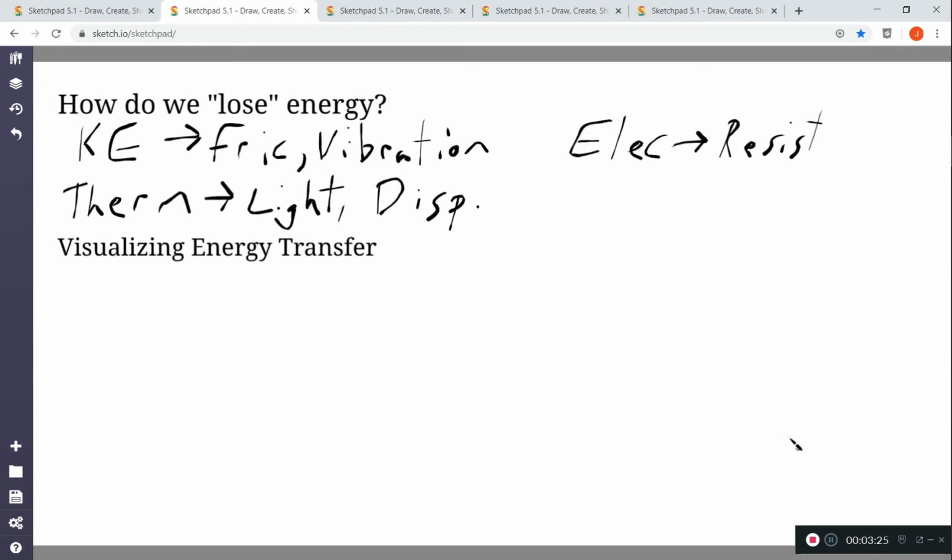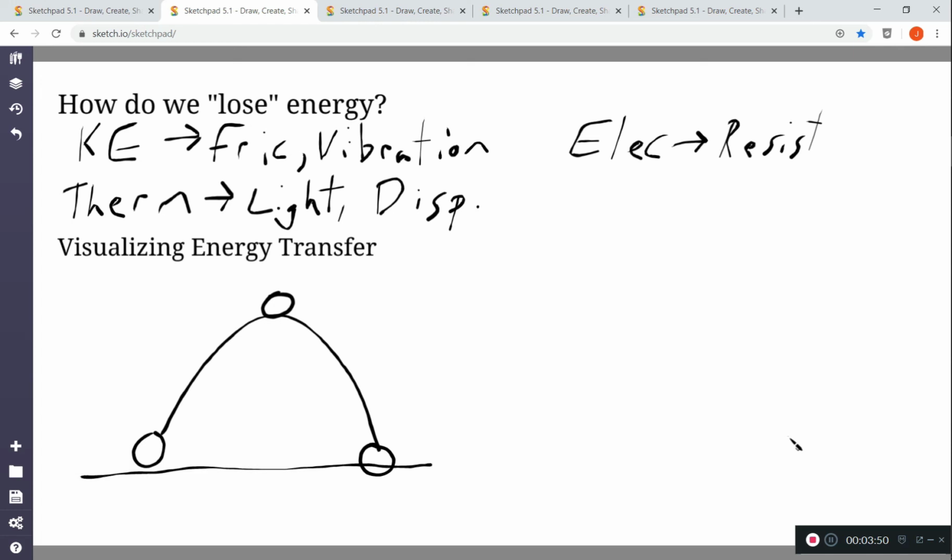So let's talk about visualizing an energy transfer real quick. So let's assume we have the ball on the ground and the ball gets kicked up in the air and comes back down. We're going to analyze this ball at 3 points in its path. So when the ball's first on the ground, it would have zero kinetic and zero gravitational potential energy. But let's assume that it's right as it is kicked.